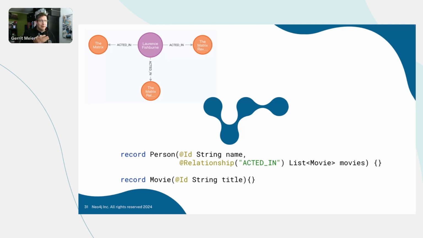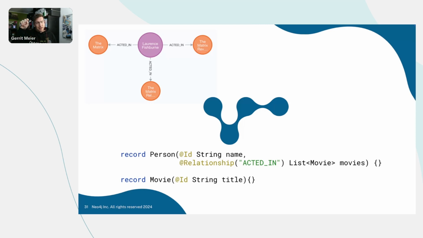And to do this, and we want to do object mapping, it is as easy as creating two records. For now, use records. Of course, you can use classes. So we define a person with some unique identifier, because we all know that names are completely unique. We use it for this example. So we use the identifier for the name. And we want to declare a relationship to those movies the person, the actor, has acted in.